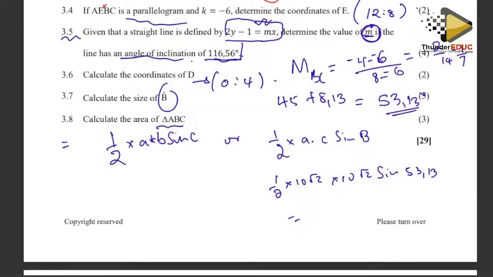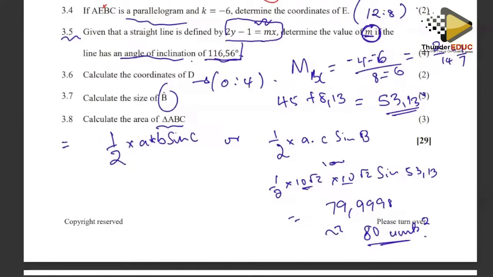So when I punch this into the calculator, that's the sine of 53,13. I'm multiplying it by 100, because this and this is going to be 200 divided by 2, that's 100. So I'm getting 79,9998, which is approximately 80 units squared.